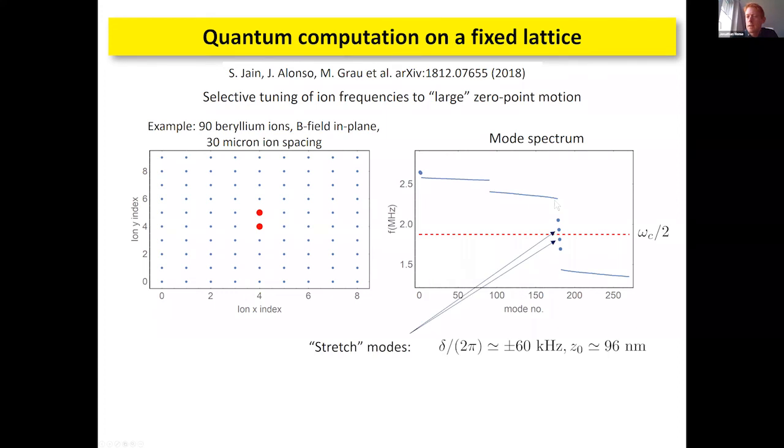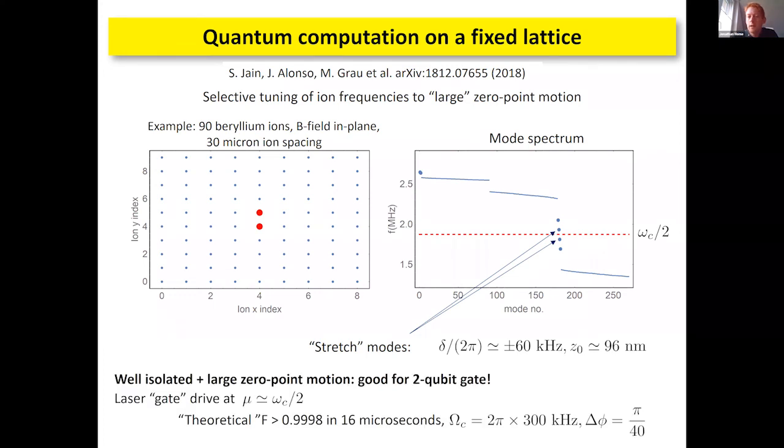Yeah? So that's very nice because you can isolate these modes. They now have a large zero-point motion, so you can drive them easily with lasers, and you can do the calculations, and in terms of just considering motional effects, you can see that high fidelities could be achieved in short times.